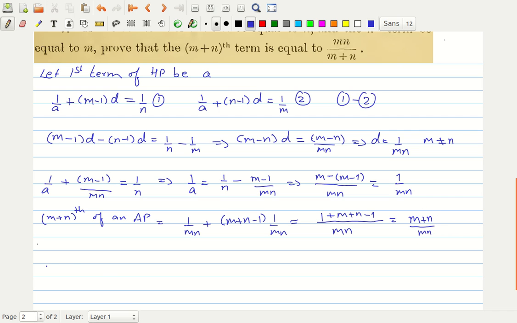So what will be the m plus nth term of an HP? Just the reciprocal of this. So the m plus nth term of an HP is mn divided by m plus n, and we are done.